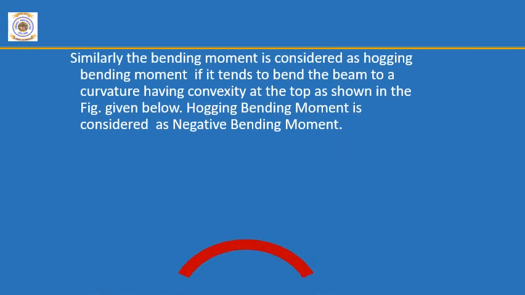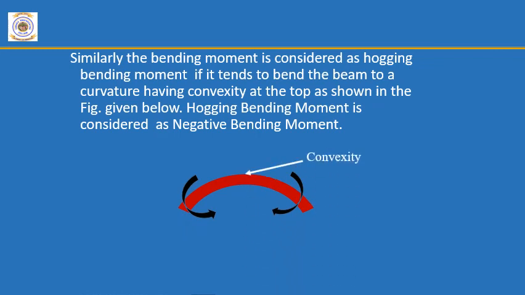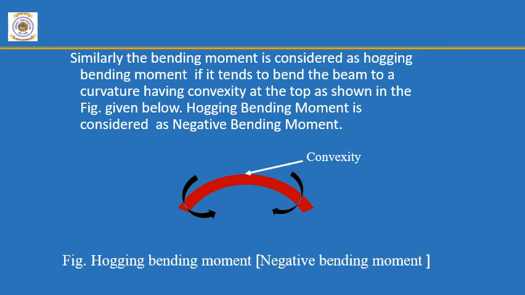Next, let us consider the next condition of the beam. In this condition we can see the convexity is at the top layer of the beam. Then we consider it a negative bending moment, and we call this moment a hogging bending moment.